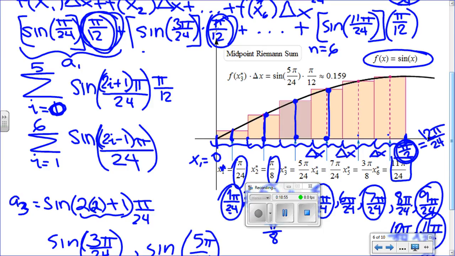Oh, minus 1. Oh, okay, that makes more sense. Minus 1 is what I put. So the very first one, when i is 1, the first term, it will be 2 times 1 is 2, and then minus 1, you get 1. Yes. And then for the second, it will be 4 minus 1, 3. And then for the third, it will be 2 times 3, 6. 6 minus 1, 5.